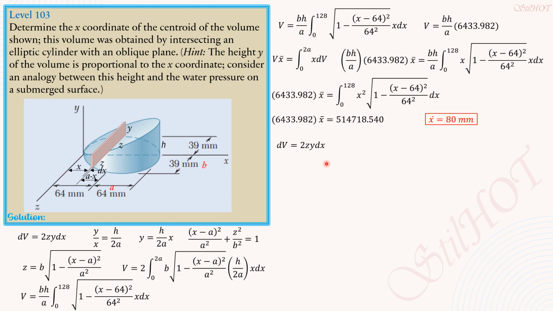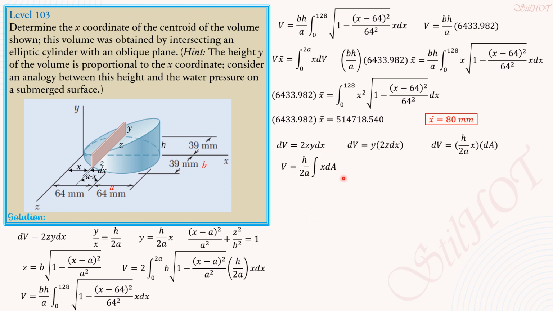So dV is y times 2z dx, and 2z dx is differential area. So dV equals y, which is h over 2a times x, and we interpret 2z dx as differential area on the xz plane.